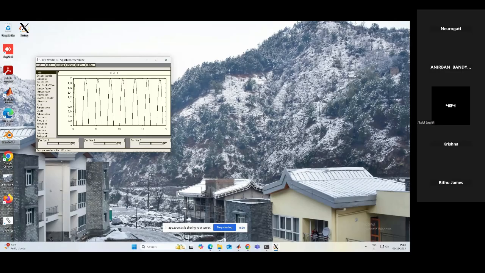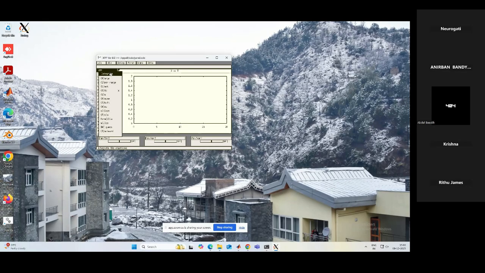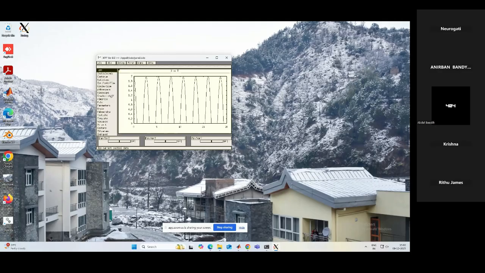Sir, can you just show the graphs again? Like, how you got the graphs? Okay, let's erase it and go to initial conditions and just type go. That's the only thing you have to do. Go is like every time you will get a graph.